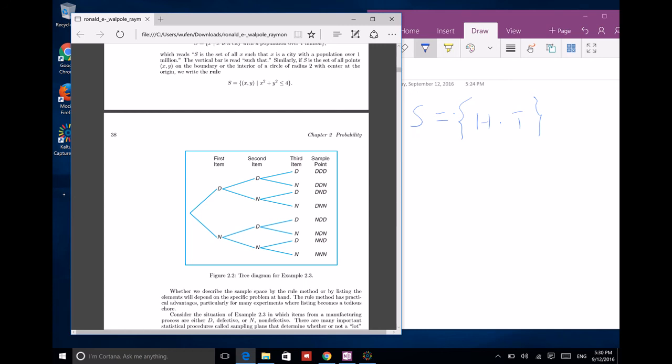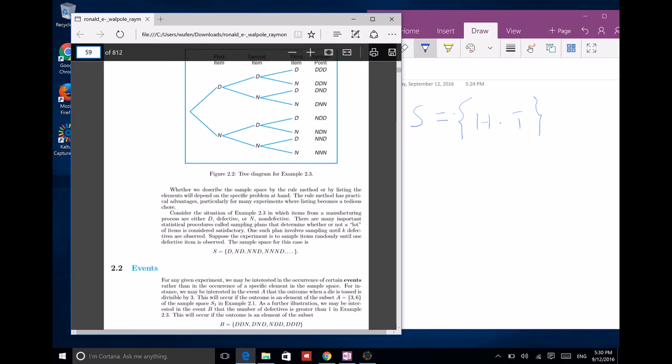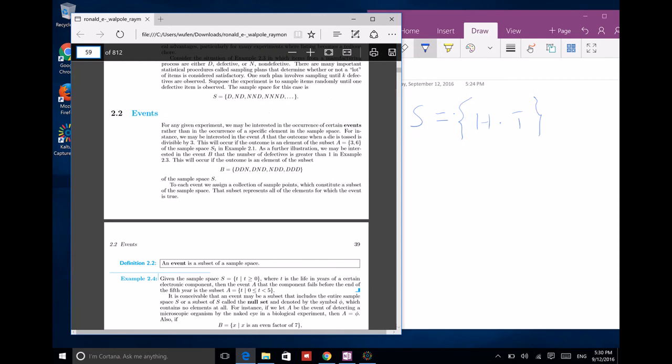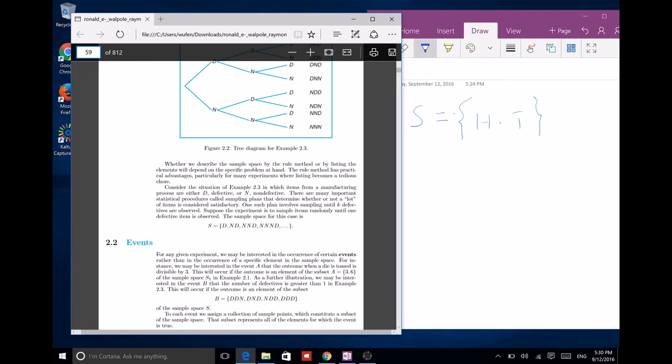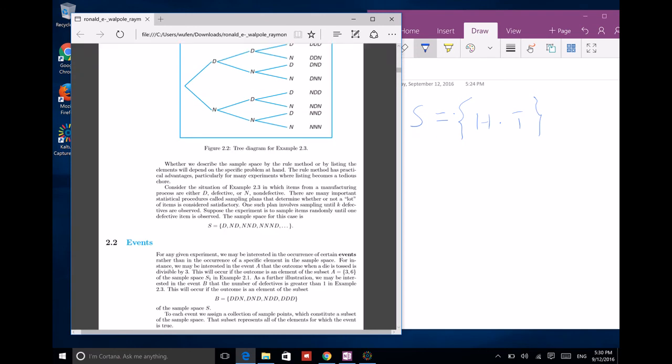That's the exact same thing, whether you use a tree diagram or a sample space, just list them out. So the first concept is the sample space, basically a mathematical way to express all the possibilities or all the outcomes.